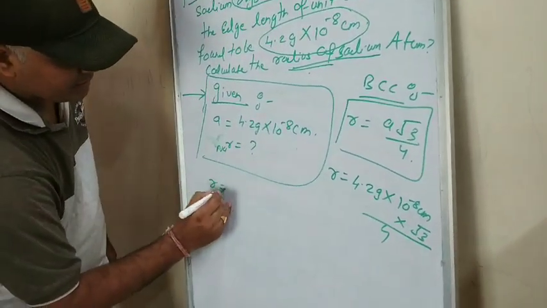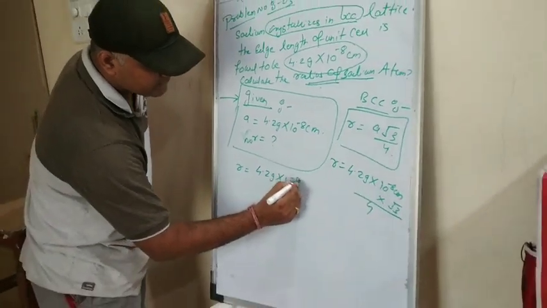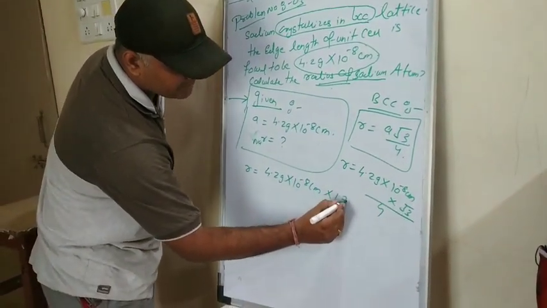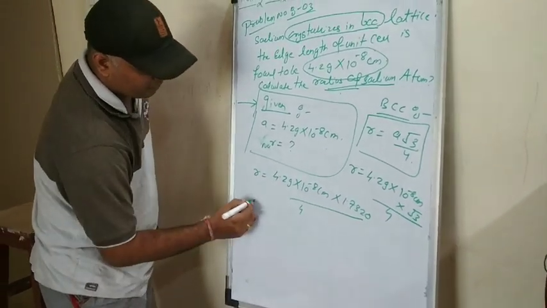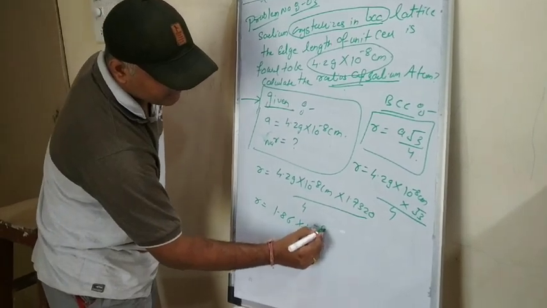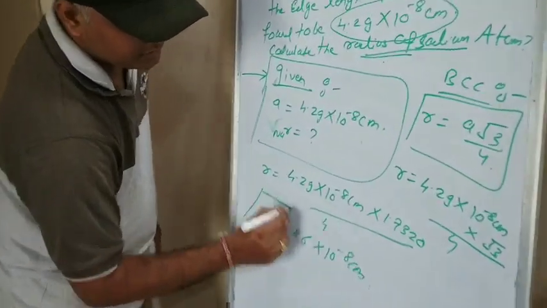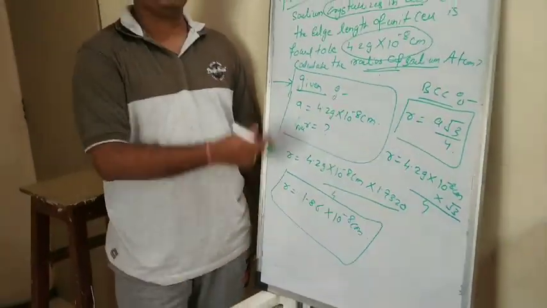So r is equal to 4.29 into 10 raised to minus 8 centimeter into 1.7320, the value of root 3, divided by 4. r is equal to 1.86 into 10 raised to minus 8 centimeter, right? So this is the value of the radius. This is how you can calculate the value of a radius.